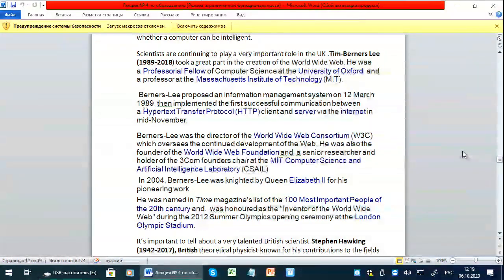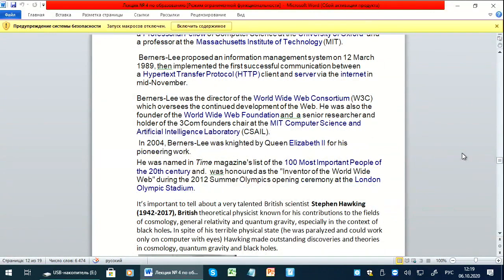It's absolutely important to tell about a very talented British scientist, Stephen Hawking, who was born in 1942 and lived till 2018. He was a British theoretical physicist, known for his contributions to the fields of cosmology, general relativity, and quantum gravity, especially in the context of black holes.